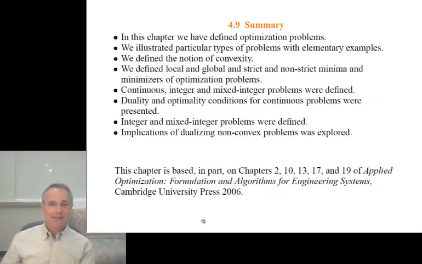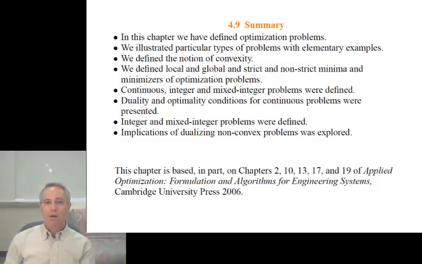So, to summarize, in this chapter we have defined several optimization problems. We illustrated particular types of problems with some elementary examples. We defined the notion of convexity, and we looked at local and global and strict and non-strict minima and minimizers. We looked both at continuous but also integer and mixed integer problems.